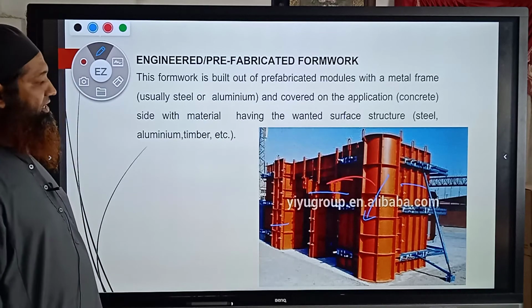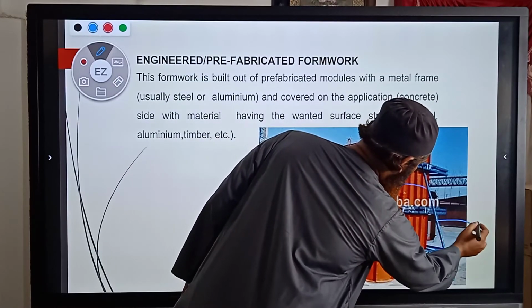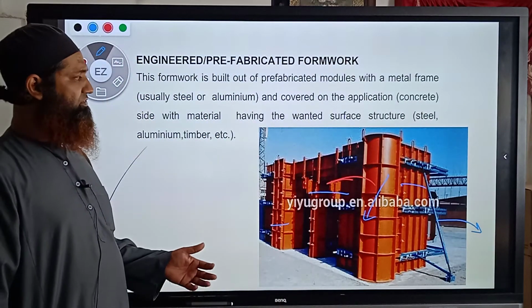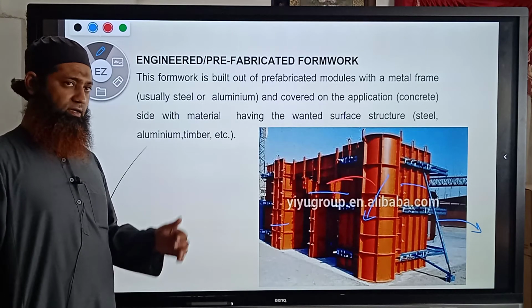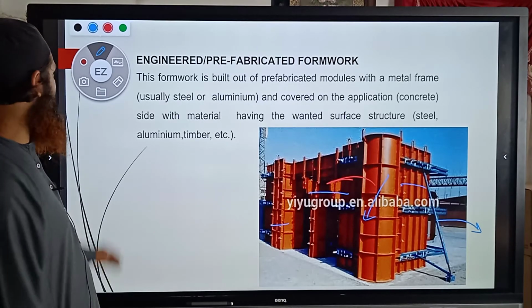This is the prefabricated formwork. It is very good. You can see this is the strut which is supporting it, because there are chances of this formwork failing. So to minimize those chances of failure, we use the struts here.